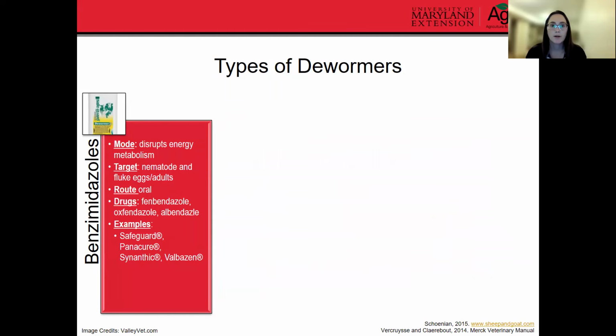There are 3 different classes of dewormers that are used commonly in cattle. And so when I say the parasites might be resistant to one class of dewormers, but not another, this is what I'm talking about. So the first class is a group called benzimidazoles, and they function to disrupt the energy metabolism of the worms, and they target nematodes and flukes, and they can affect both the adult and egg stages.